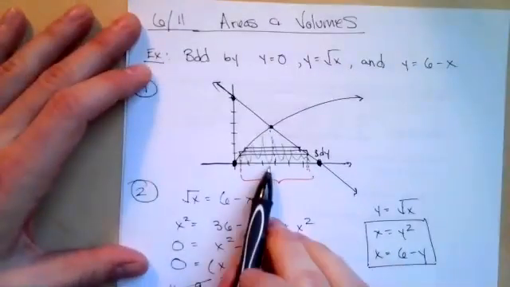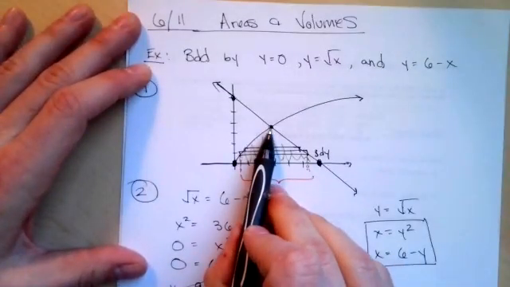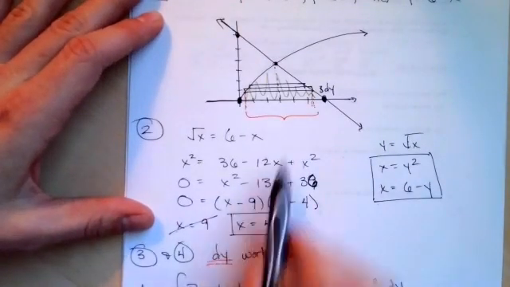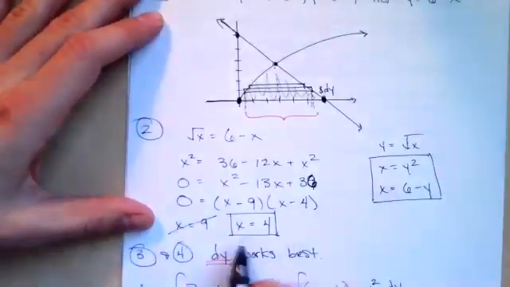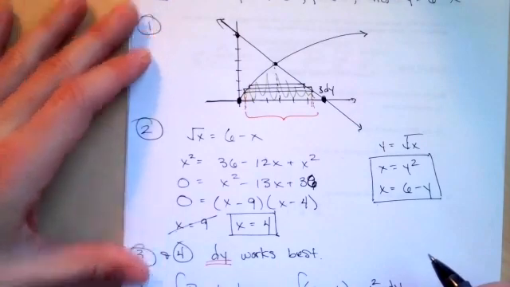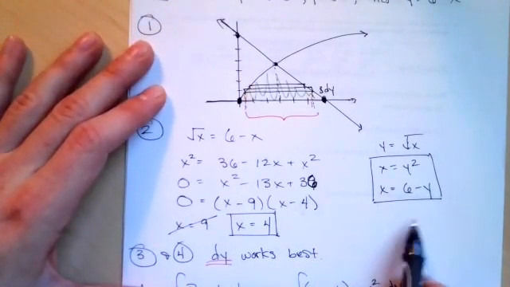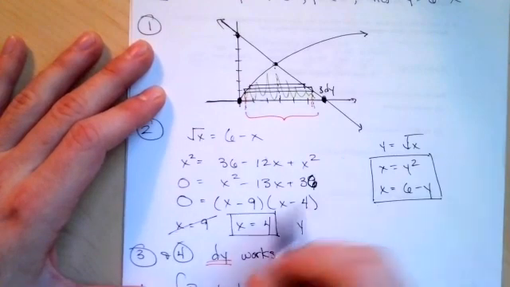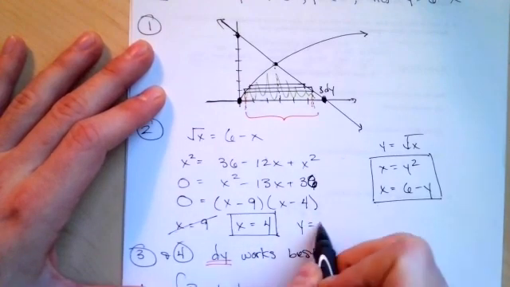And then our highest y value is up here. Of course, we found the x value. How do we find the corresponding y value? I know that intersection point, x equals 4, so plug it into any of the equations to find the y value. So our y is going to be 2.